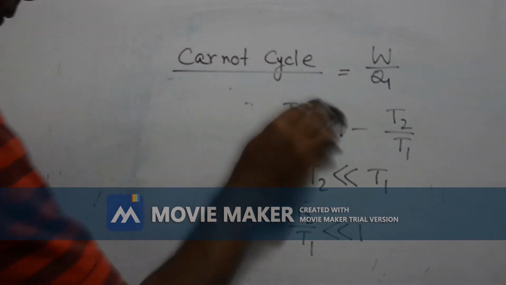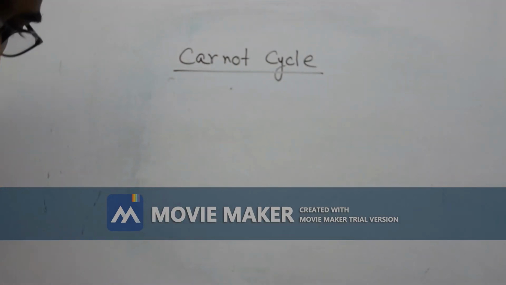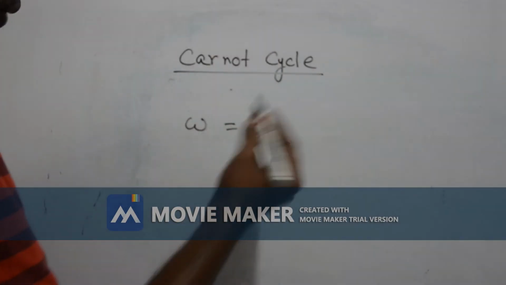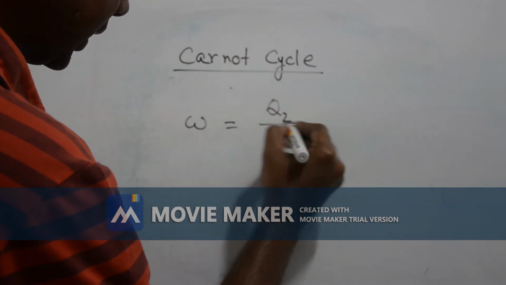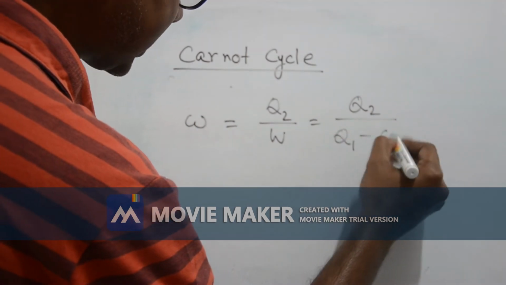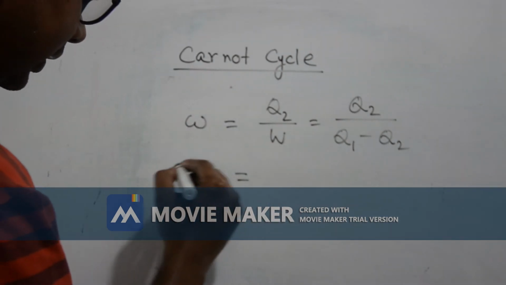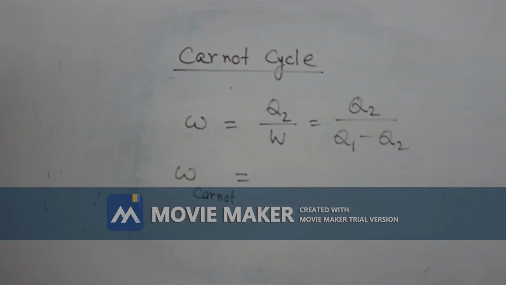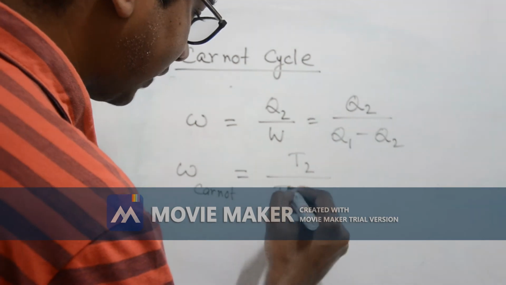Now, if we follow a similar kind of procedure, it can be shown that the coefficient of performance of a Carnot refrigerator, which earlier I showed you was given as Q2 by W, which was written as Q2 divided by Q1 minus Q2, can very easily be shown to be omega of a Carnot refrigerator equals T2 divided by T1 minus T2.